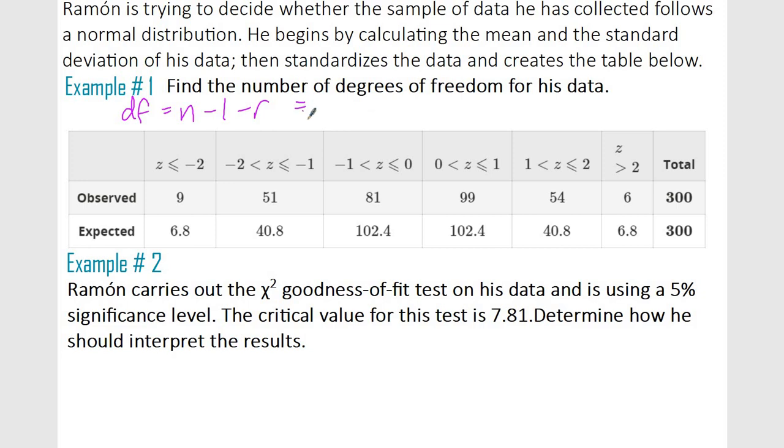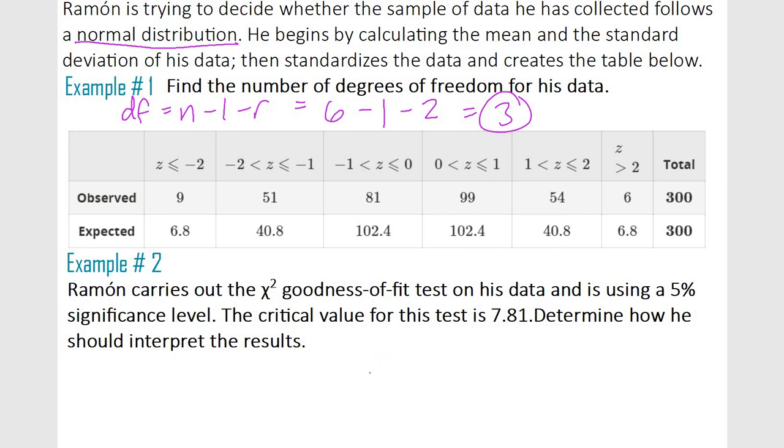In this case, we have 6 columns, so n is 6. We subtract 1, and then r would be 2. We're trying to do a normal distribution, and mean and standard deviation are estimated, so we need to subtract 2. So in this case, it is 3 degrees of freedom.